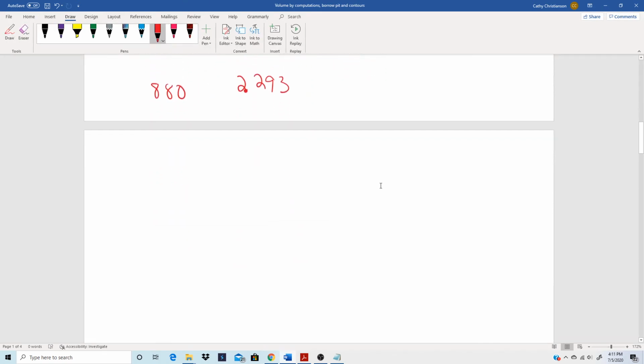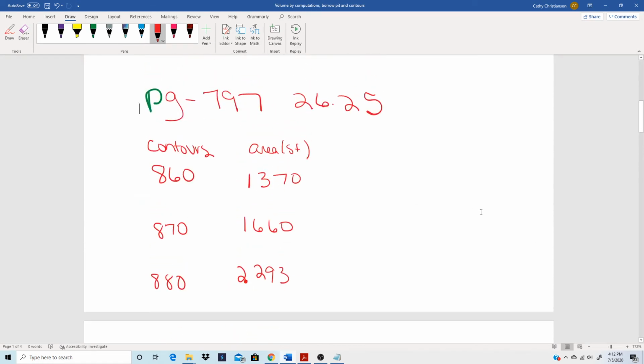Come on down and finish these out. 890 is 2950. 900 is 3550. 910 is 4850.